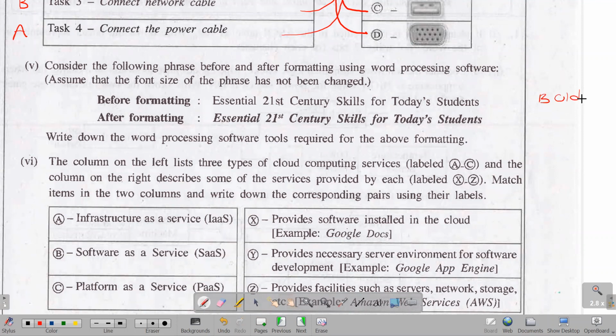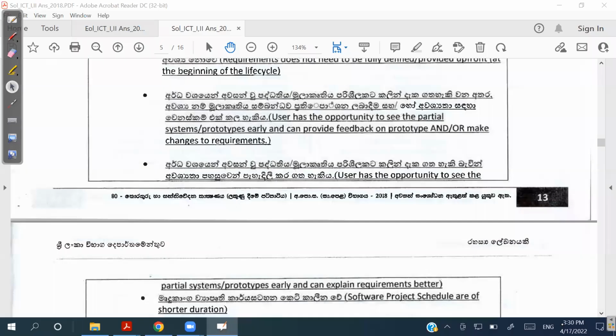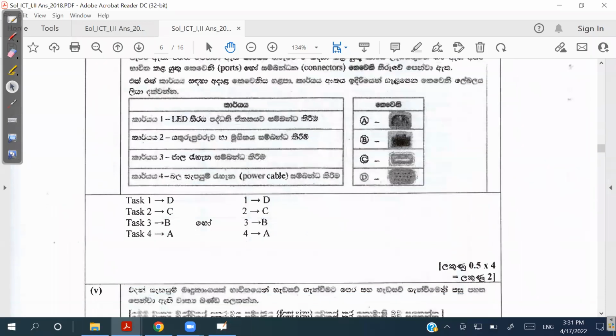As well as these are italicized, so italic is needed. And you can see this "ST" has become like this, so it wants superscript. Right, so superscript has been taken. So those 3 things.